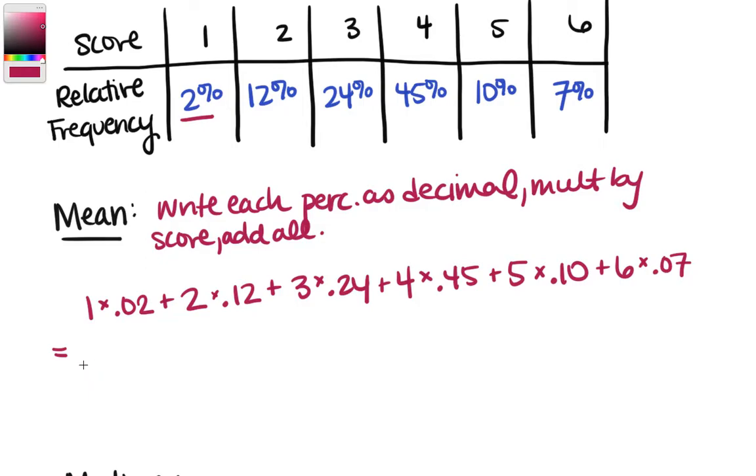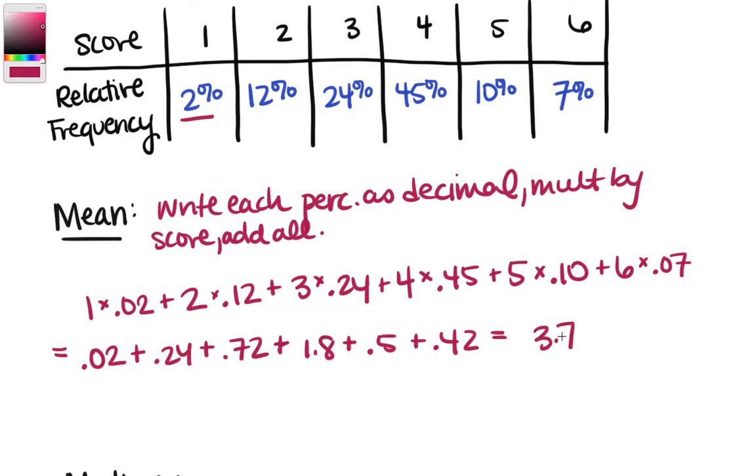Here we do 1 times 0.02 is 0.02. 2 times 0.12, that's 0.24. 3 times 0.24 is 0.72. 4 times 0.45 is 1.8. 5 times 0.1 is 0.5. 6 times 0.07 is 0.42, and we add that together and get 3.7.